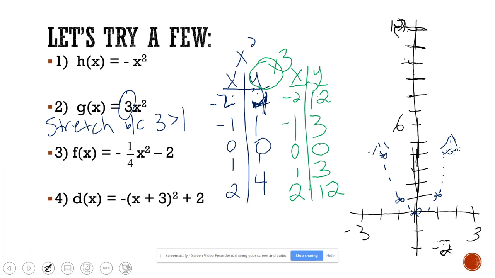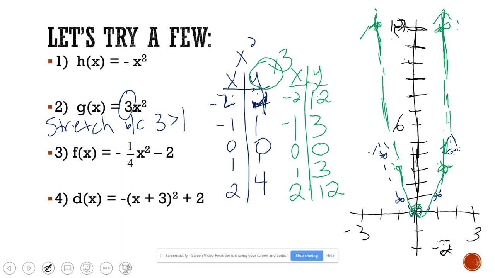And then in green, I'm going to graph our new one. -2, 12, -1, 3, 0, 0, 1, 3, and 2, 12. And so this green one is our graph.